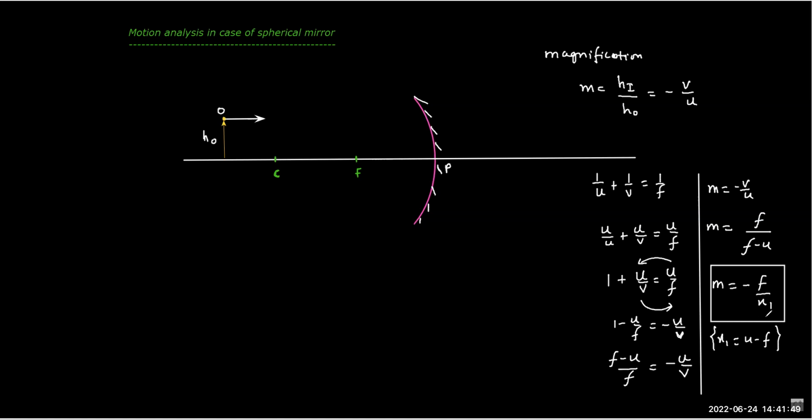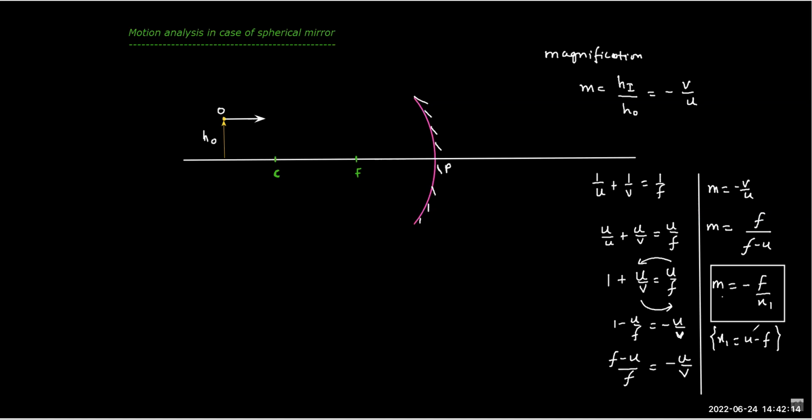If x1 is 0, m becomes infinite. Correct? So when the object tends towards the focus, the image tends towards infinity. I mean, it will be infinitely magnified. It means the image will be infinitely away from the principal axis. Correct.